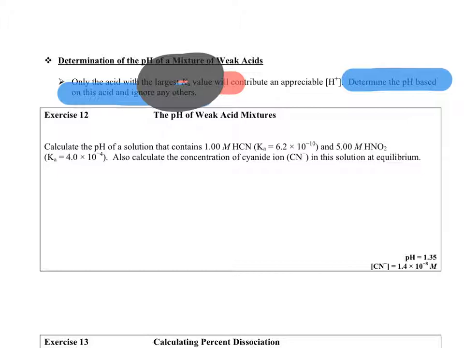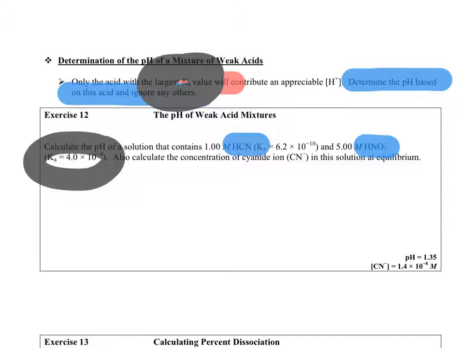So in exercise 12, we have a mixture of HCN and HNO2. Which of those two is going to contribute the most to our pH? Well, that's going to be the HNO2 because its Ka value is much larger than the Ka value of 10 to the negative 10 from HCN.